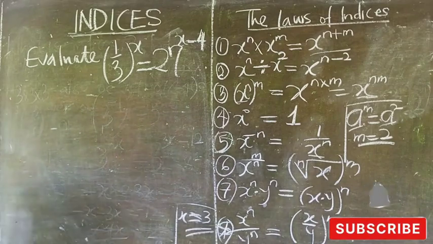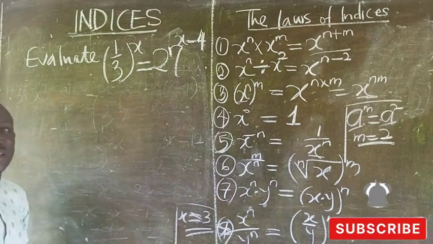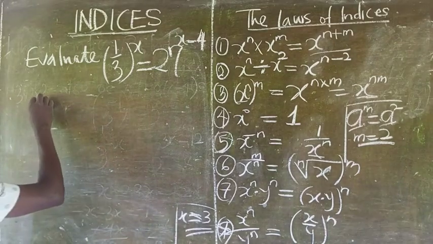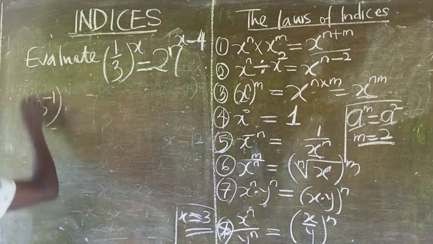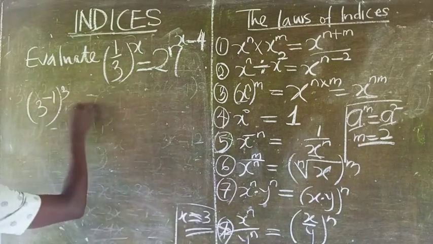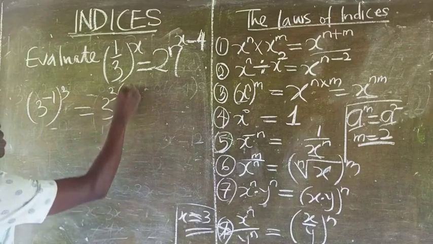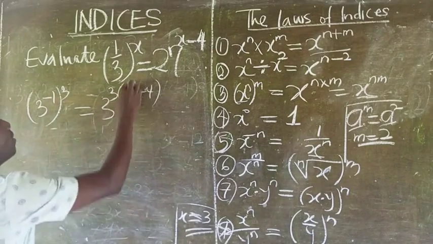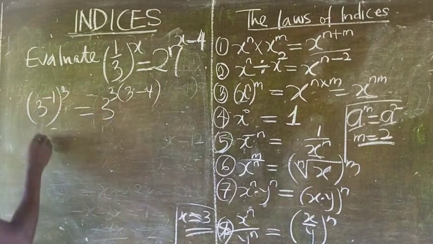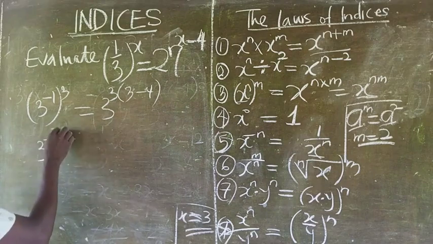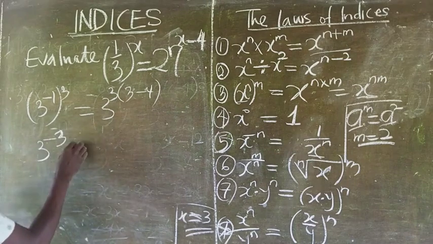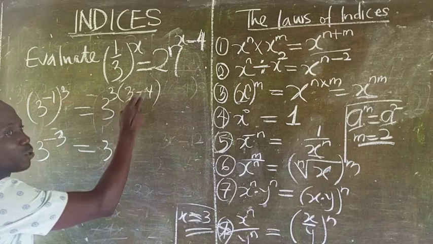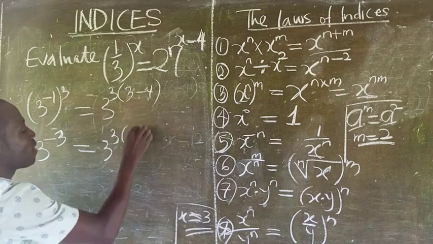So we want to check if the x we have satisfies the equation because we have employed the usefulness of the laws. So if we do this, we have 3 raised to power minus 1, raised to power 3, x is therefore 3, equals to 3 raised to power 3 times x minus 4. If you remember this, okay, x is now 3, this is 3. And 3 raised to power minus 3 equals to 3 raised to power 3 times, okay, the bracket 3 minus 4 is minus 1, 3 raised to power minus 1.